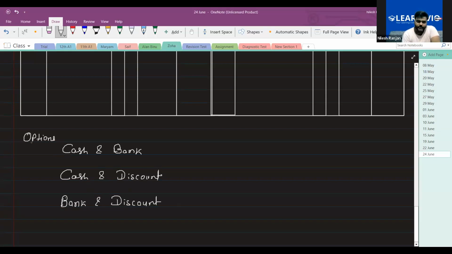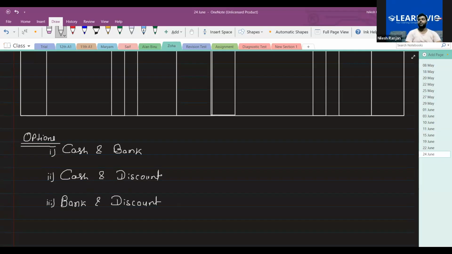Questions can be asked in different ways. In every question, they can give you these three options. Like you have to prepare cash and bank account, cash and discount, or bank and discount. But if it is not mentioned anywhere in the question which two accounts you have to prepare, then generally we will take cash and bank, the first preference.